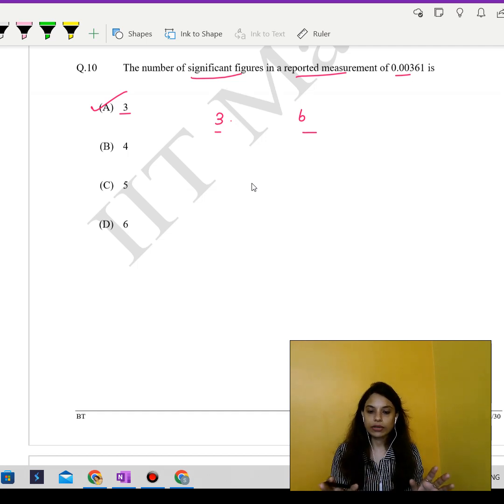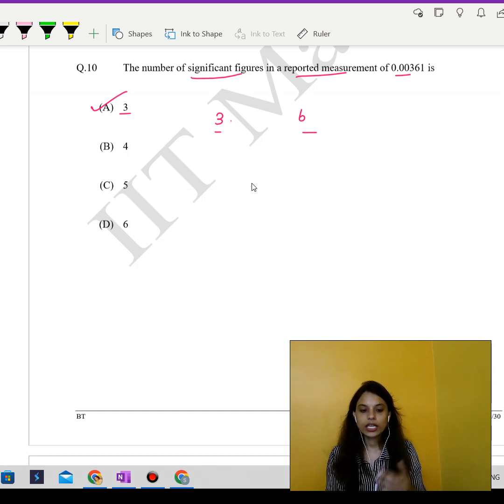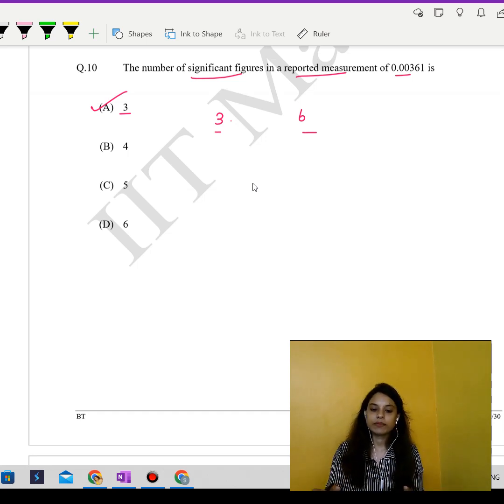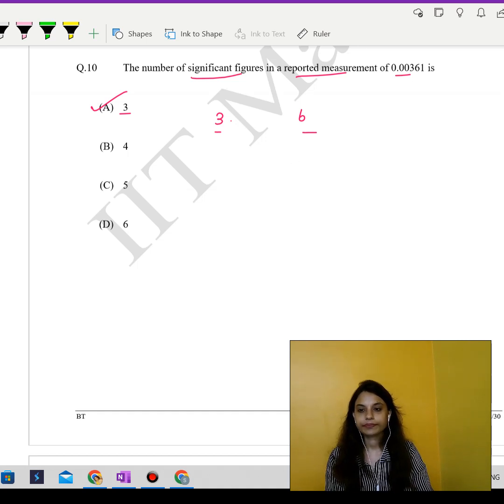There are no zeros between 3 and 6, so this rule doesn't apply here. Next, trailing zeros after a decimal point and a non-zero digit are significant. In this case, there are no trailing zeros after 6. Therefore, the only significant digits are 3 and 6, resulting in a total of 2 significant figures.